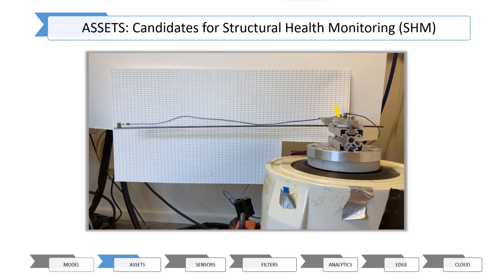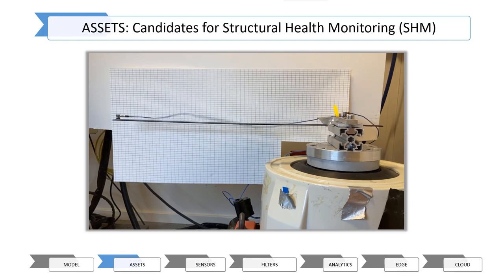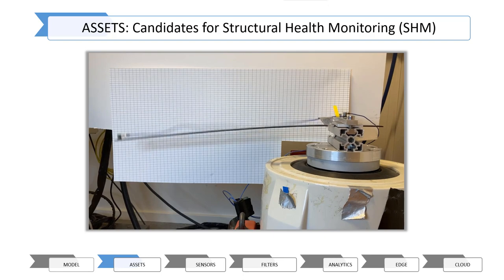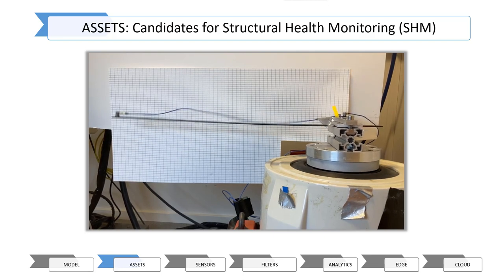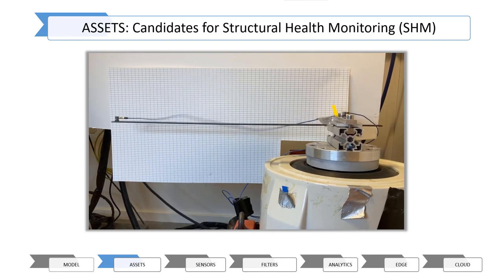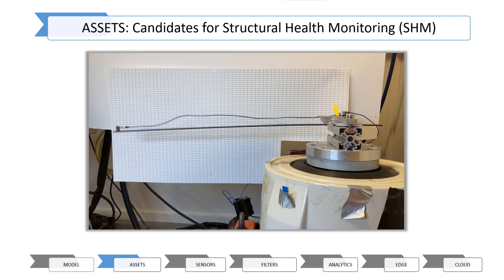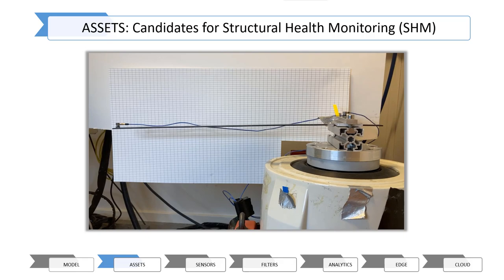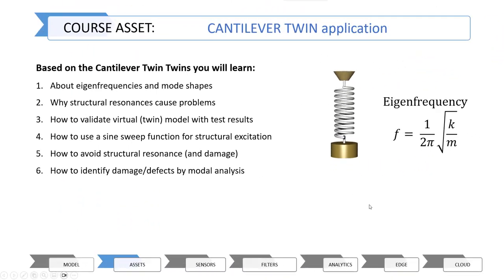Here you see resonance increases until the excitation frequency has passed eigenfrequency number 1. And then there will be no resonance before the excitation frequency coincides with eigenfrequency number 2, 3, 4, and so on. The purpose of this video is to teach you about eigenfrequencies and mode shapes.